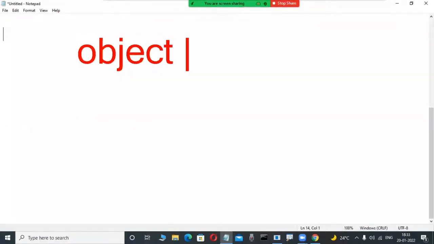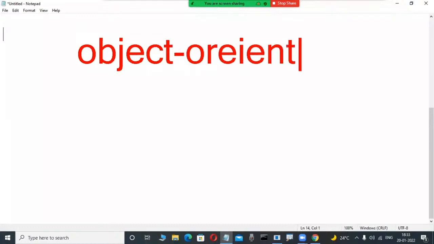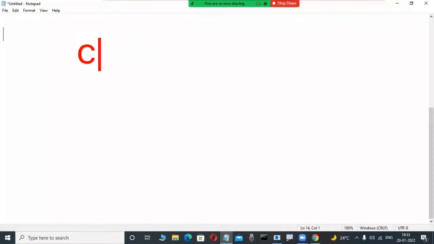Suppose there are so many object-oriented languages in the world. Maybe so many fellows have an idea about them. What are the object-oriented languages worldwide? C++ is an object-oriented language. Java is a popular object-oriented language.